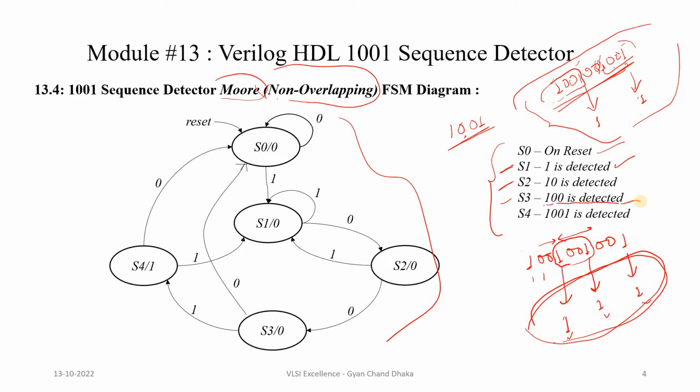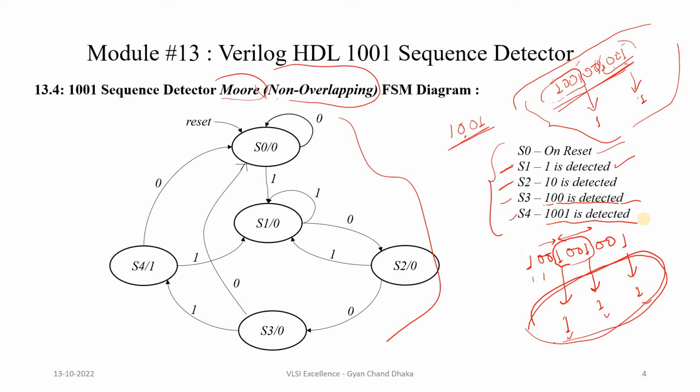And then if 1 is detected, that means 1001 is detected, so it will go to the S4 state where 1001 is detected. This is how we first define the states for this sequence detector.